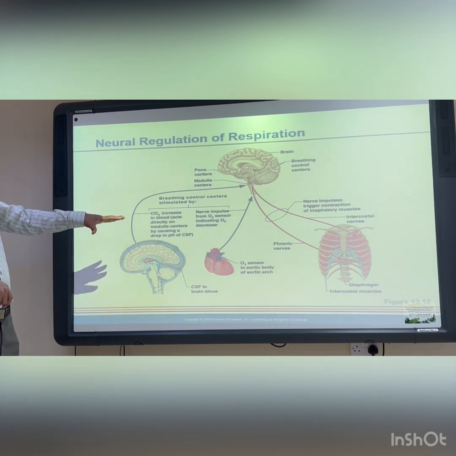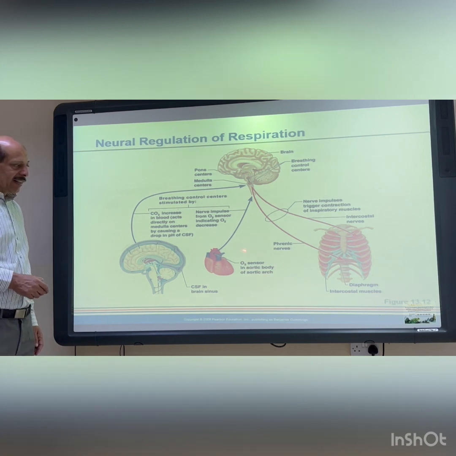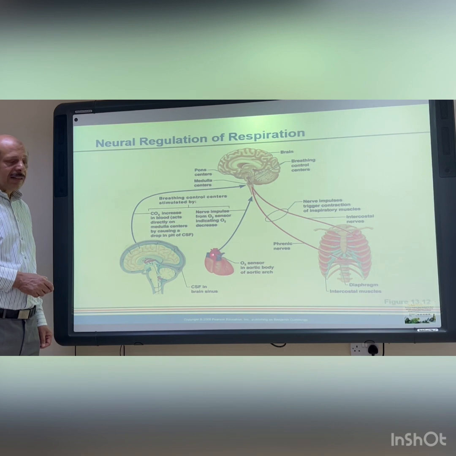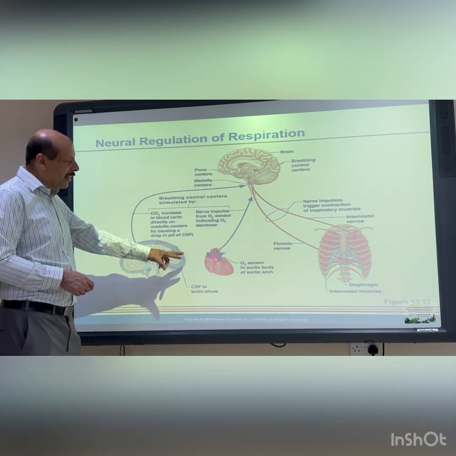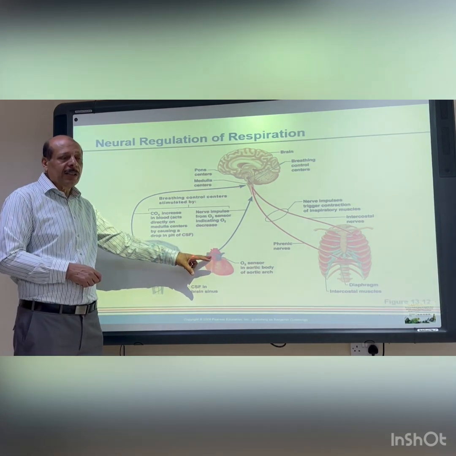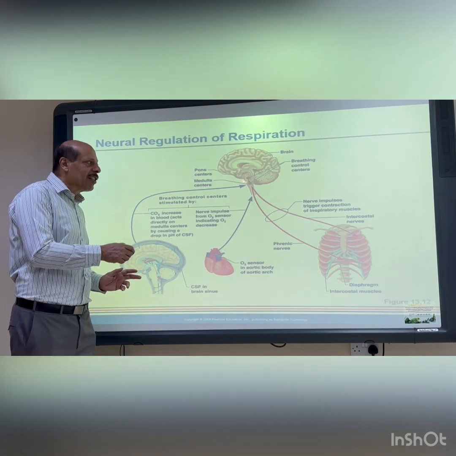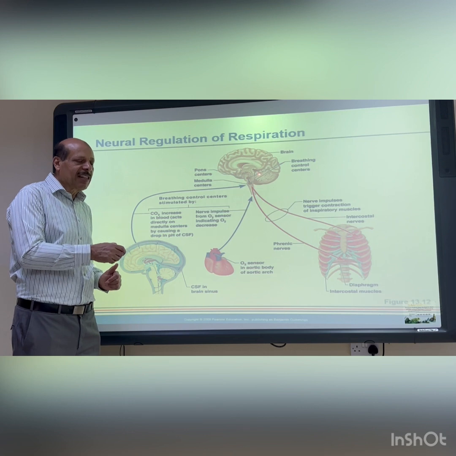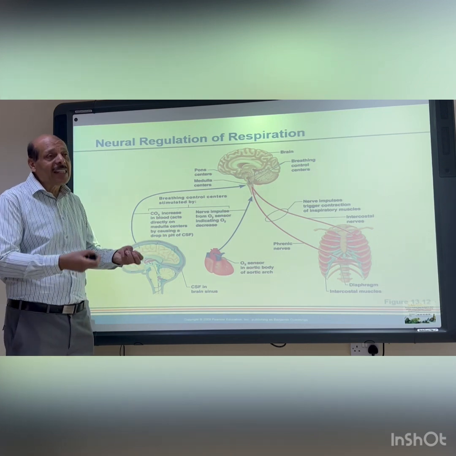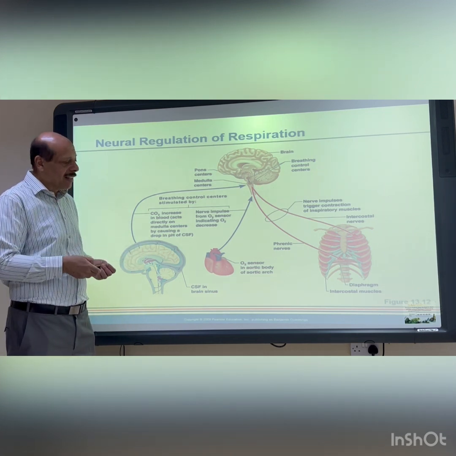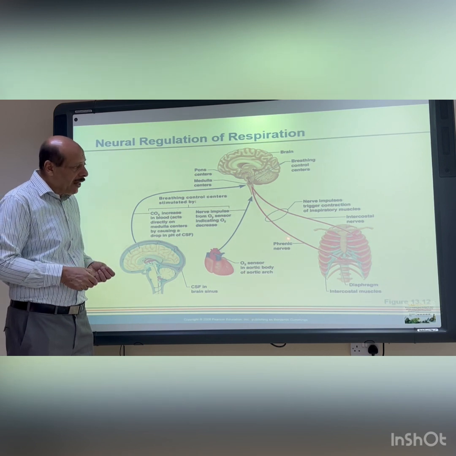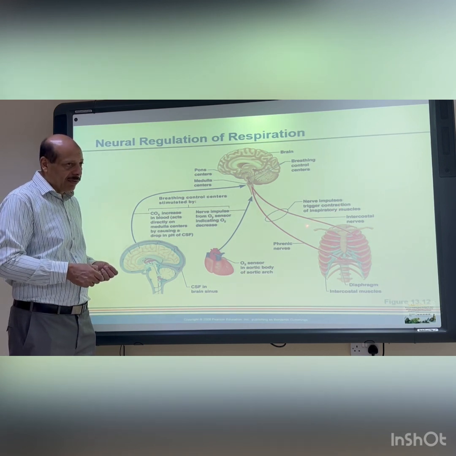So again, this is the neural regulation. There is a respiratory sensor in the arch of the aorta, so it will detect the concentration of oxygen. When the concentration of oxygen is low, it will send a message to the breathing center to increase its impulses to the phrenic nerve and intercostal nerve.